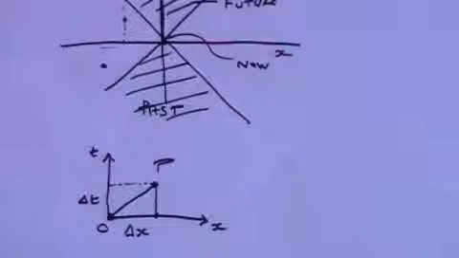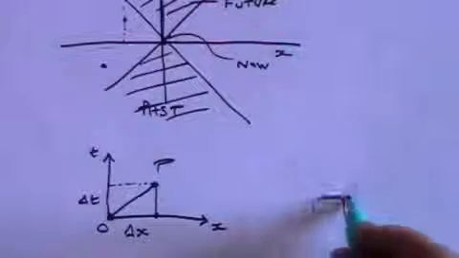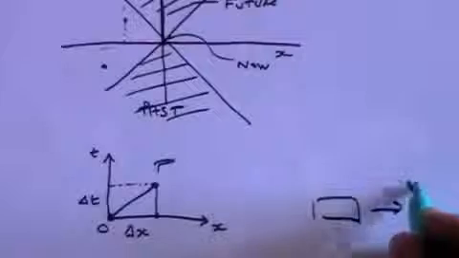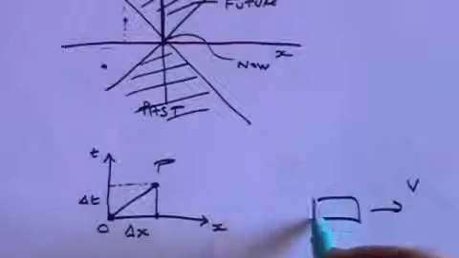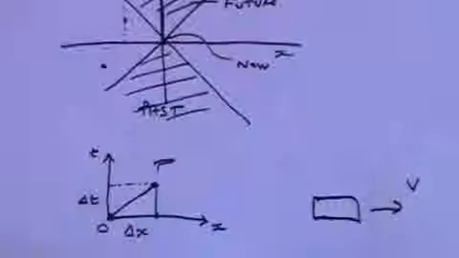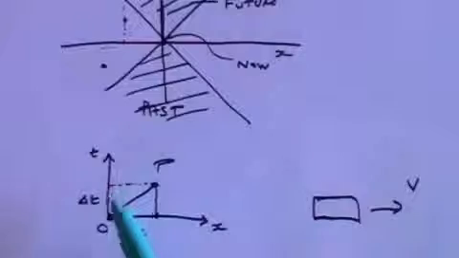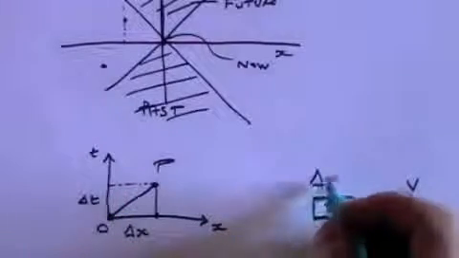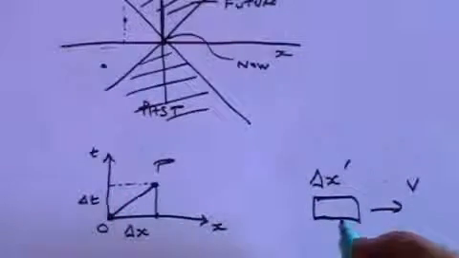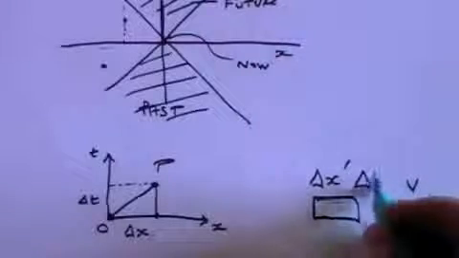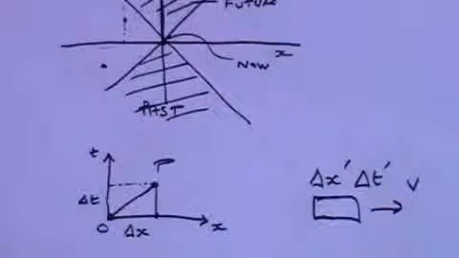The problem, of course, as we saw in the videos on special relativity, is that an observer who is speeding away at velocity v will look at me travelling and will come to a different assessment as to the distances I've travelled and the time. He will say that I travelled delta x prime in a time delta t prime.